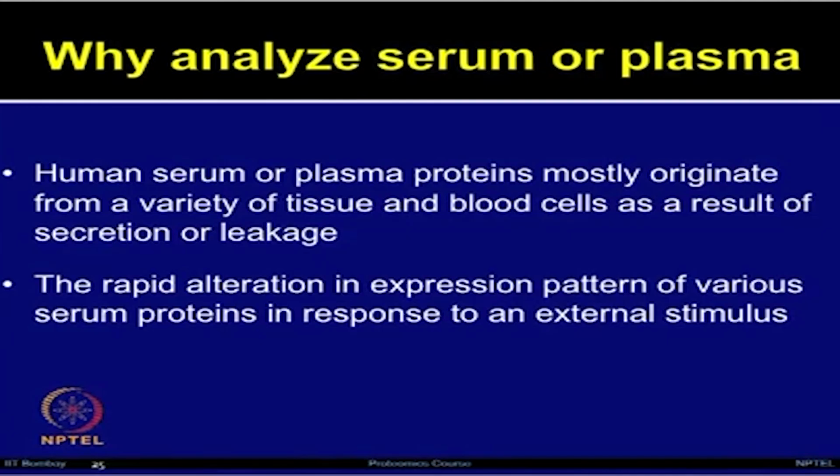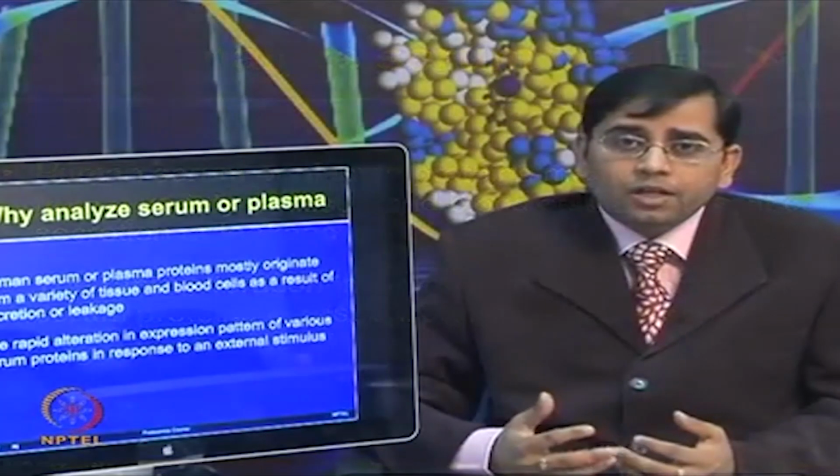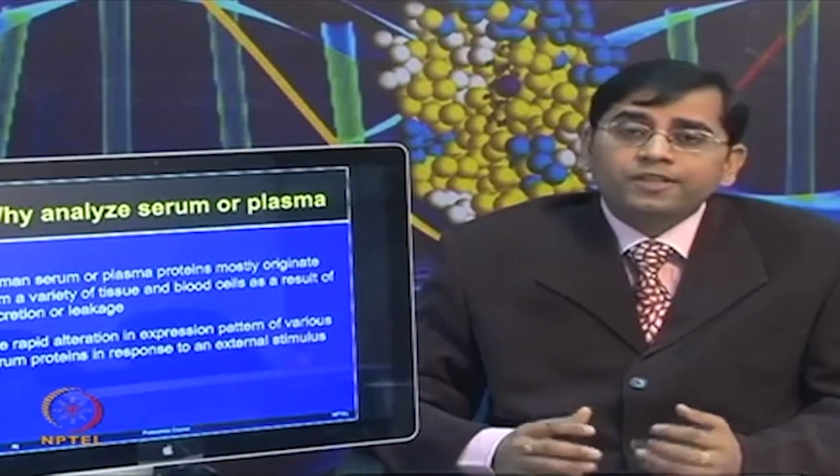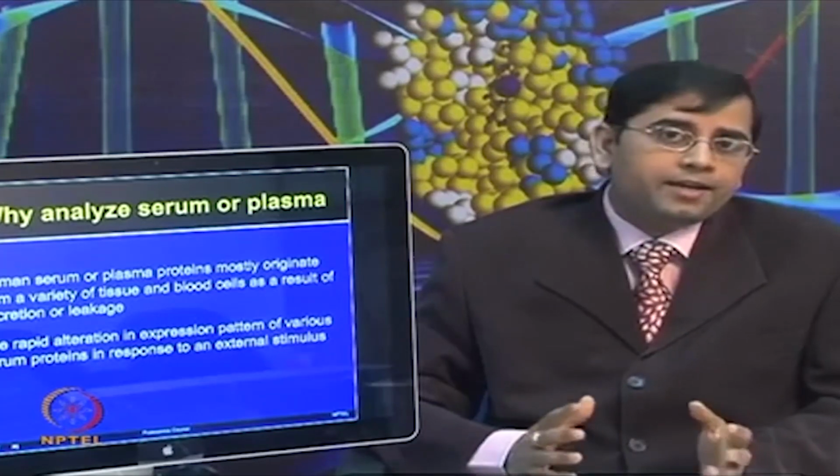The rapid alteration in the expression pattern of various serum proteins due to a disease condition or an external stimulus is a true reflection of physiological changes occurring in an individual.